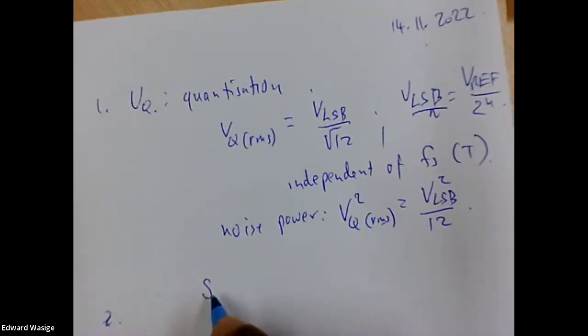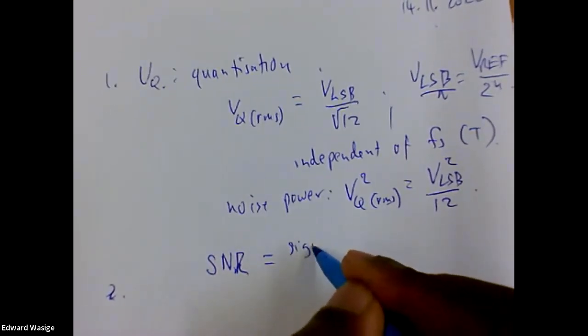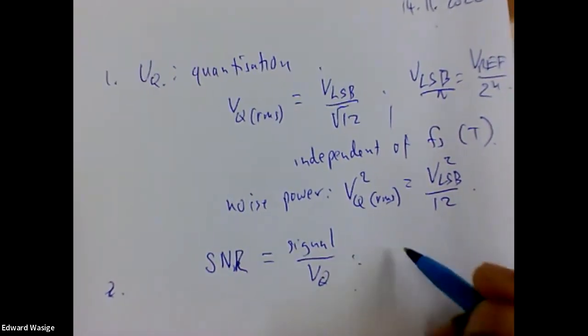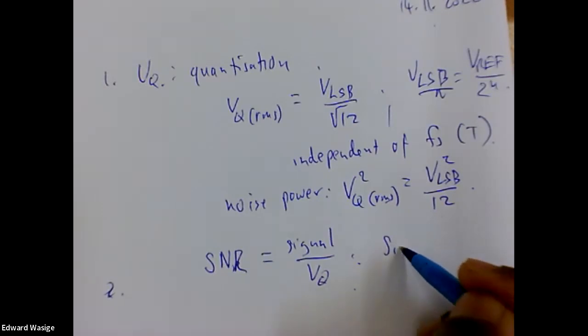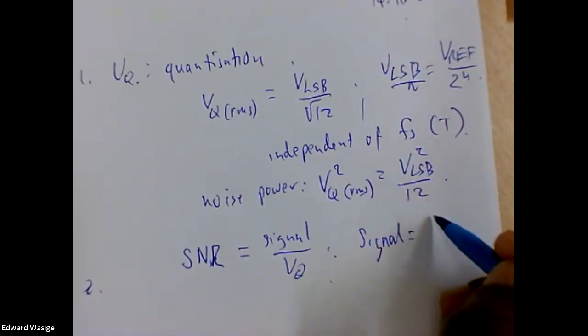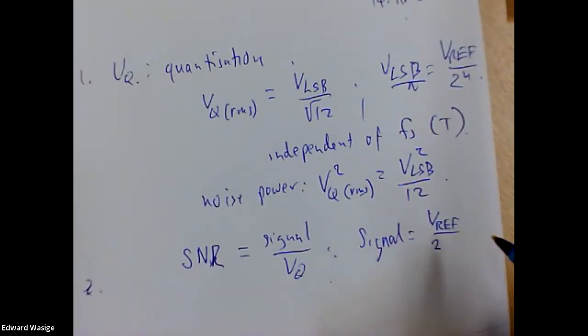And then we defined what we call the signal to noise ratio. The signal to noise ratio is signal divided by VQ. And for the signal, we used a sinusoid whose amplitude is VREF divided by 2.